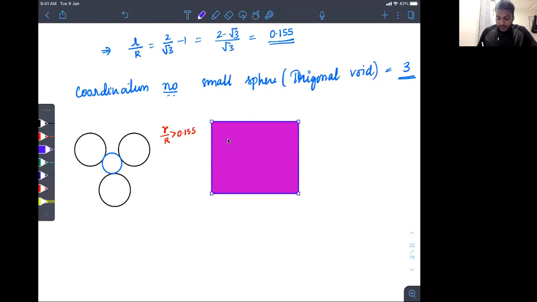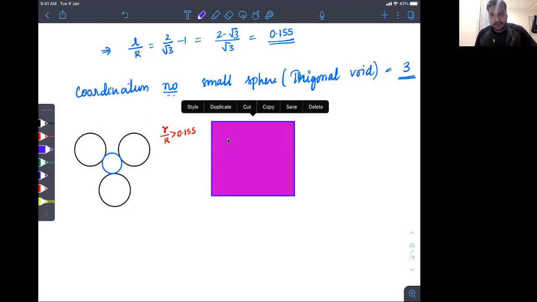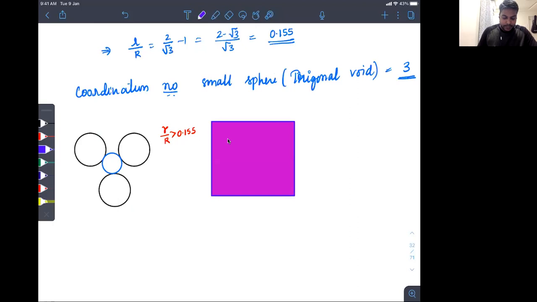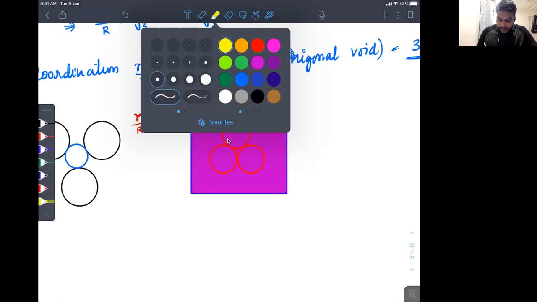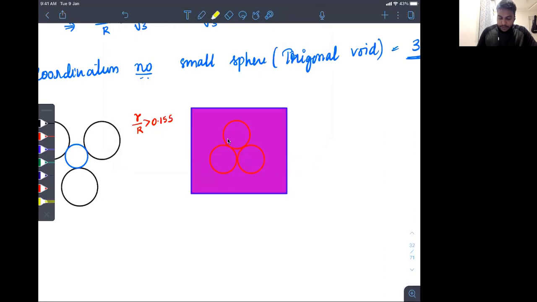Suppose this is the space which is present initially for an atom, okay? And I have three atoms in it enclosed this way. Yep. And there is a small void you can see inside. Inside there is a small atom which has a particular void.